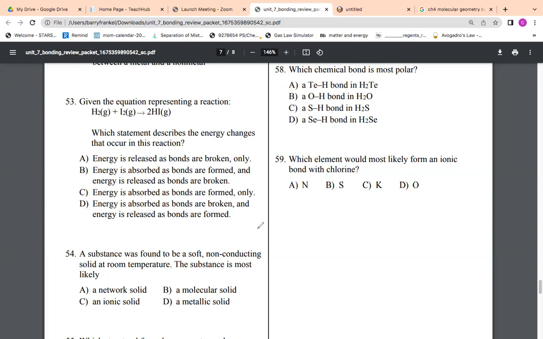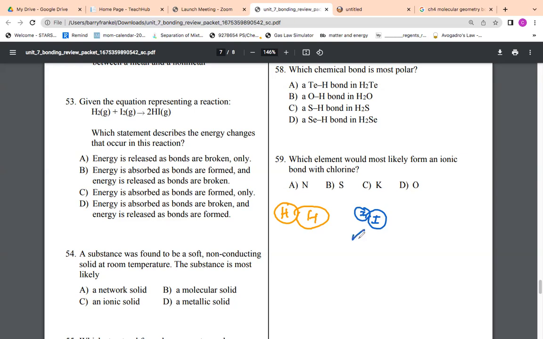So a few things actually have to happen. I'm going to draw this out. So we start off with H2, diatomic hydrogen, and we also start off with I2. Okay, so these are two different things. They're both diatomics. And what has to happen is these first have to break apart.